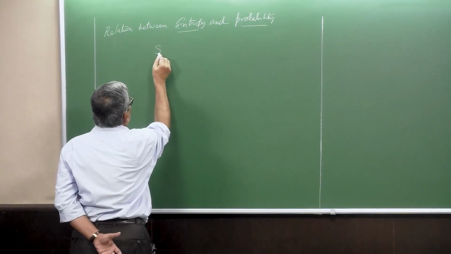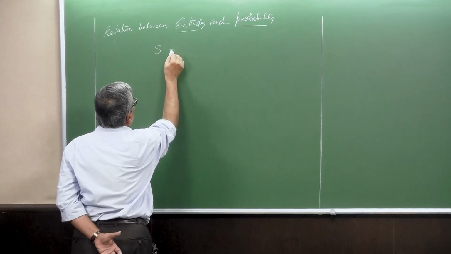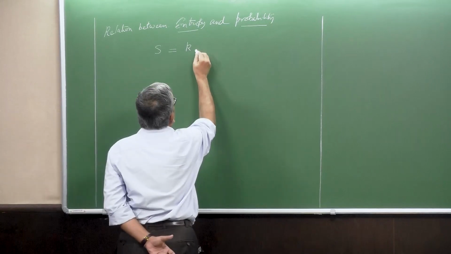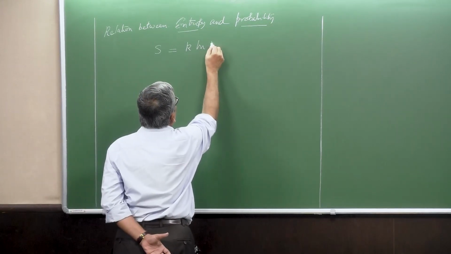That is the relation between S, the entropy of a macro state, and k, the Boltzmann constant, times log of W.